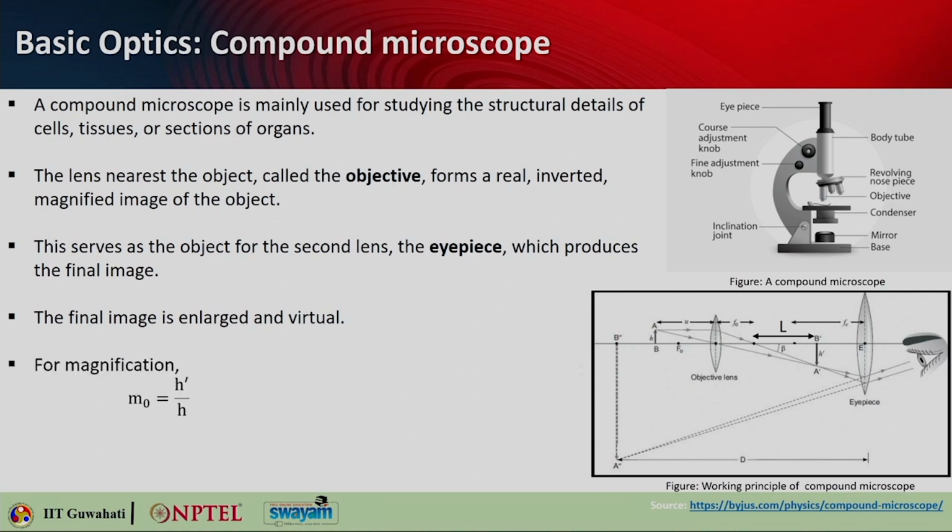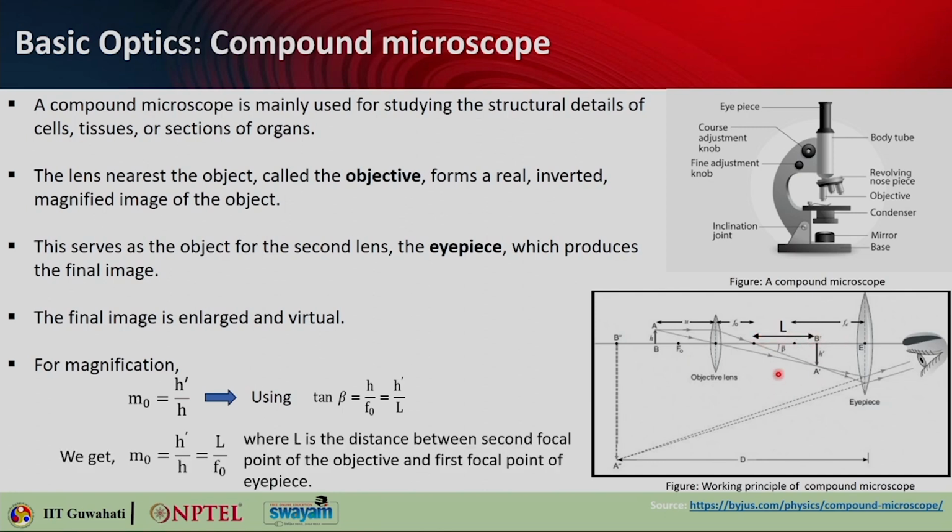So for magnification, the magnification factor for the objective lens is M_O, that is h prime over h, and if this is the angle beta, you can say tan beta equals h over f naught, where f naught is this focal length, and h is the height of the object, and that will be equal to h prime over L. So L is basically this particular length.